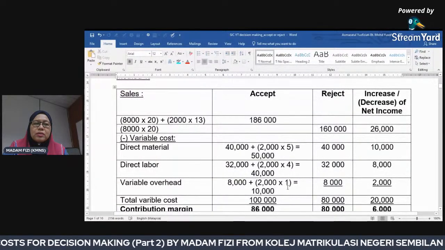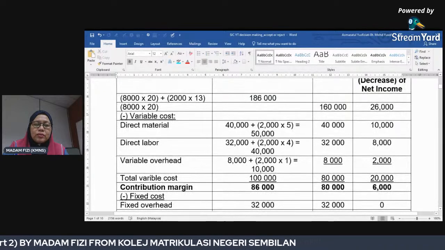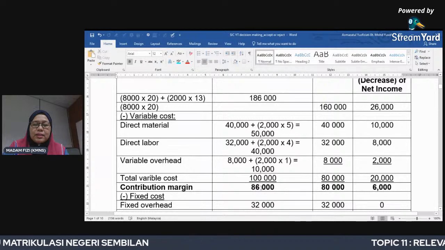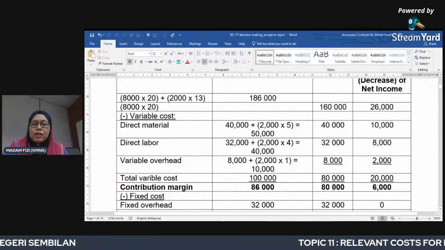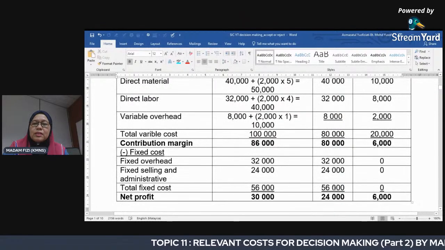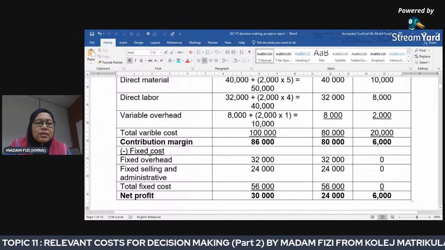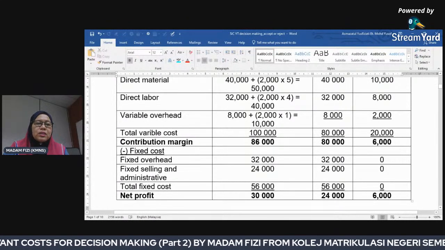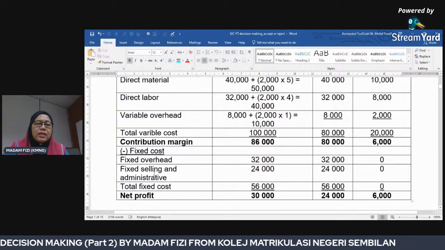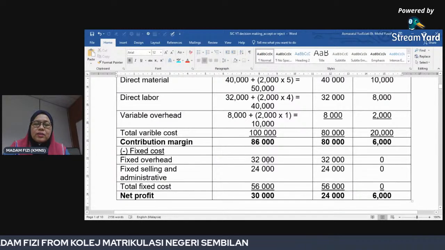Now you calculate the contribution margin. How to calculate the contribution margin? The sales minus the total variable cost. So for accept is 86,000 and for reject is 80,000. So the difference is 6,000. And then these are the fixed costs, the fixed overhead, the fixed selling and administrative. Oleh kerana dia adalah fixed cost, dia adalah unavoidable cost.